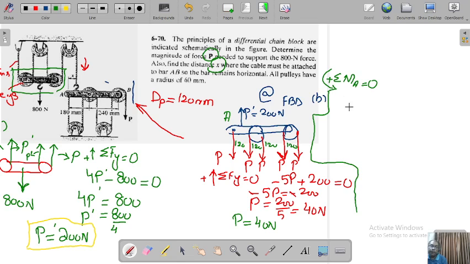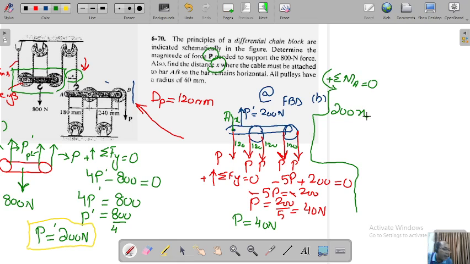Now this is 200, and you know how much this distance is. If you look at the figure, this is x, the distance from here to point A. P dash is 200 Newton, so you can say 200 into x.